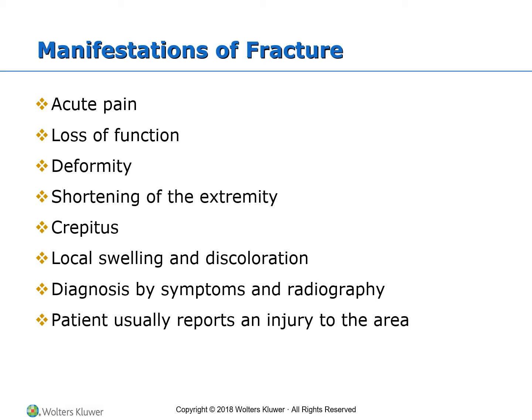Same thing if you have a fractured hip, you'll see a noticeable difference in the two extremities. You can also see crepitus, or feel or hear it, and it's a crumbling sensation with gentle palpation, and you can feel and you can hear it. Once you feel it, it's kind of eerie, but you're actually feeling crumbling of some of that bone or the bone fragment.